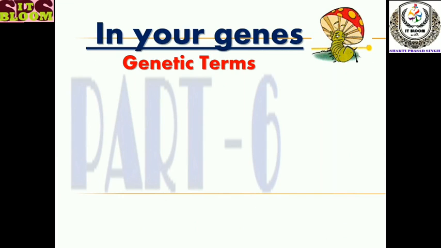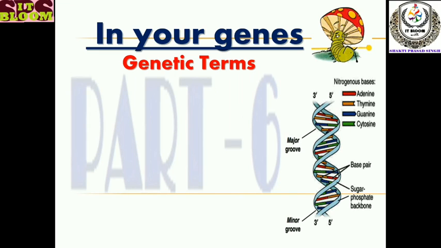Genetic terms. In the previous part we got the introduction to genetics. Now we are going to learn the genetic terms. Let's start. Here is the helical structure of DNA. Base. What is base? The building blocks of DNA are known as bases.